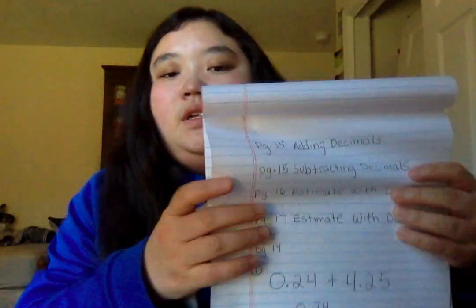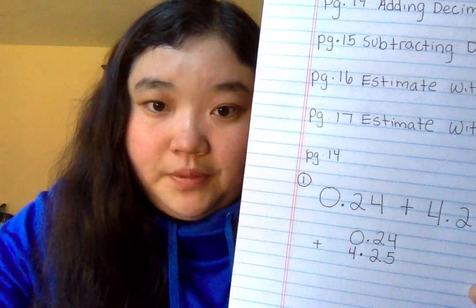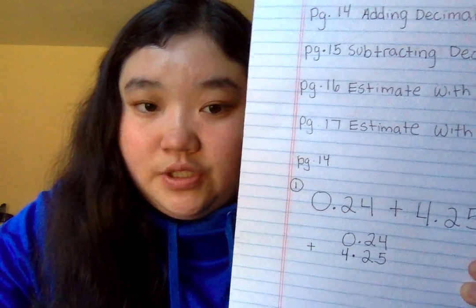So if you want to open up your packet to page 14, we're going to look at number 1. An important thing to remember when you're adding or subtracting decimals is that you need to make sure you line up the decimals. For instance, on page 14, I wrote down the problem 0.24 plus 4.25.